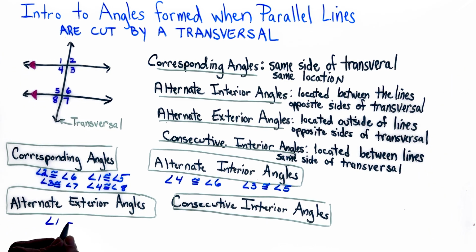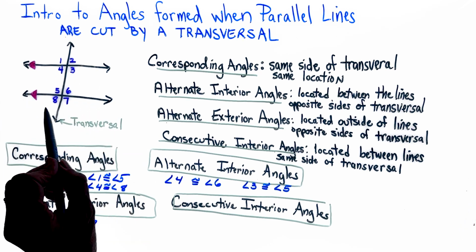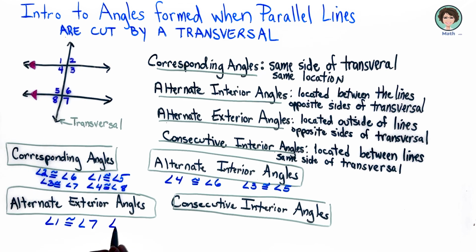So angle 1, when the lines are parallel, is congruent or equal to angle 7. They're alternate exterior angles. And I have angle 2 and angle 8 as your second pair of alternate exterior angles.